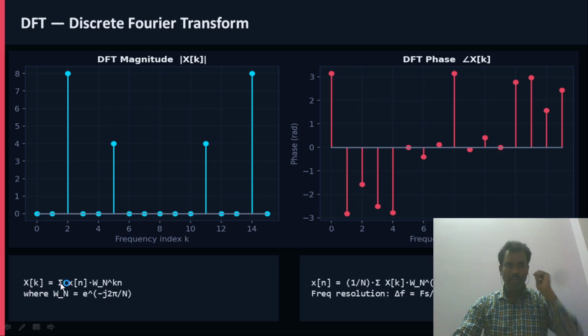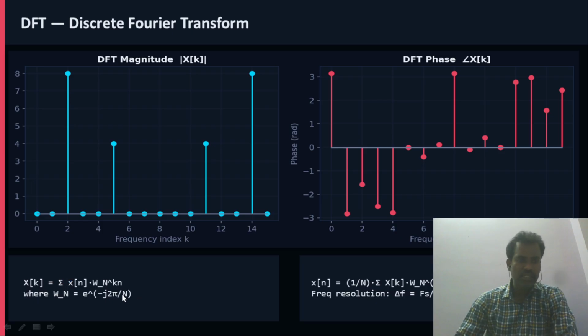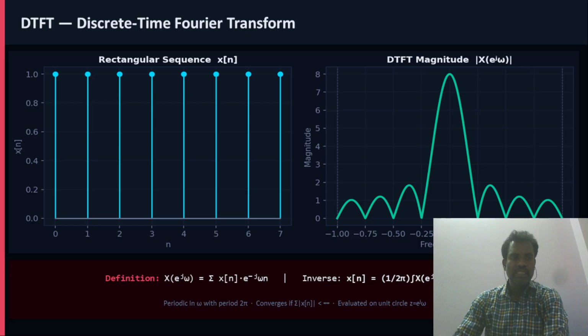What is the range of summation? Summation is in the range from 0 to N minus 1 only. Previously, the summation was from minus infinity to plus infinity, for all the samples you want to sum. But here, there is no need to sample all the frequencies, because it is periodic. Over the period of 2 pi, we'll do sampling, and the same will be applicable for the next period also.